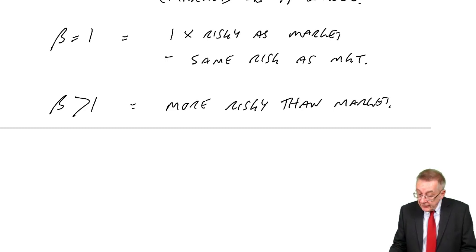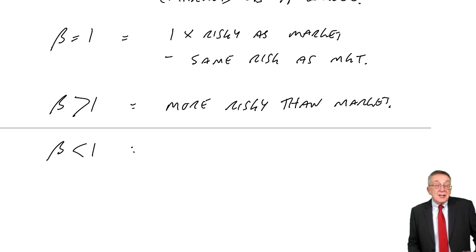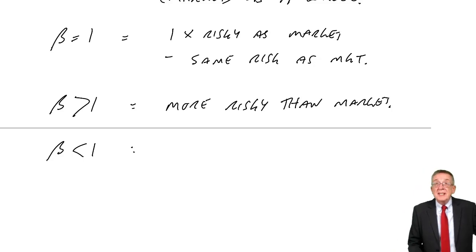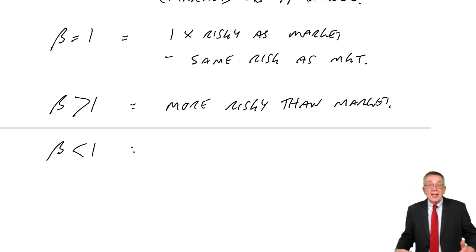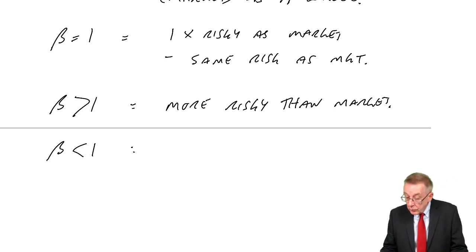If it's got a beta of less than 1, if it's got a beta of 0.5, it means it's half as risky as the average, as the market as a whole. A beta of 0.8, it's 80% as risky as the average, as the market as a whole. If it's less than 1, it's less risky than the market.